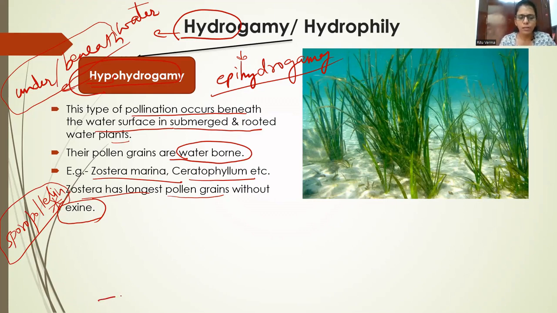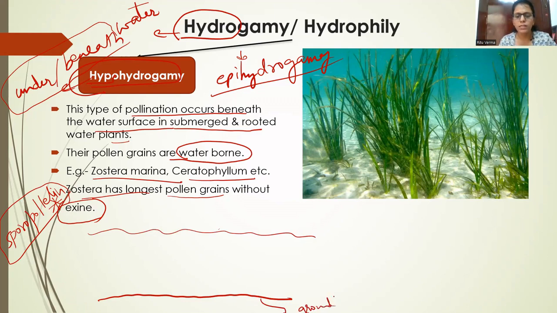Now, for example, this is the surface of the ocean or water, this is the ground or the bottom surface, and on the top is the water surface. This Zostera marina, as you can see in the picture, is a completely rooted plant.